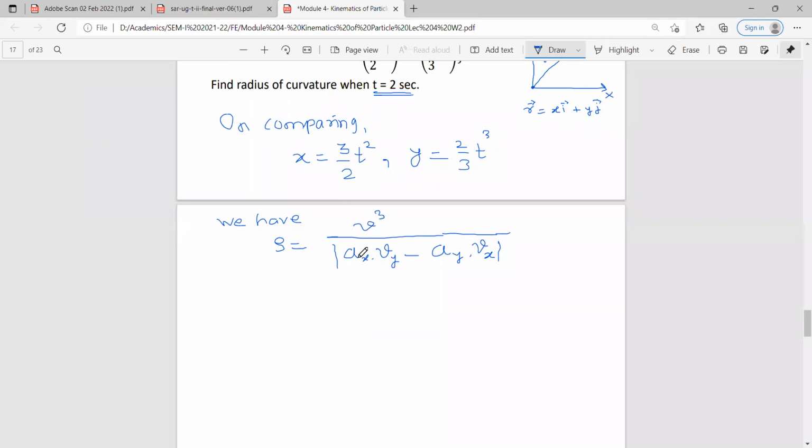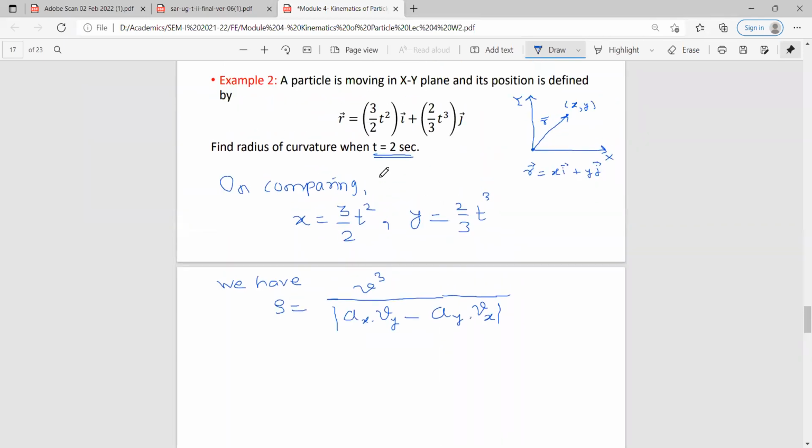Now we have to calculate these parameters. The velocity v is the total velocity. Total velocity you can find by adding the components, that is equal to the square root of the velocity component in x square plus the velocity component in y square. Then how can we find the other components?